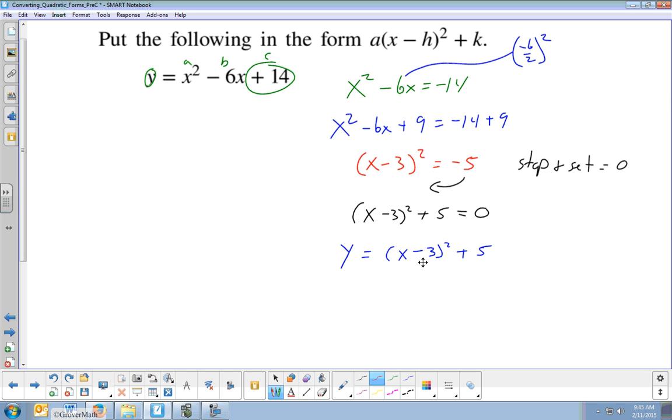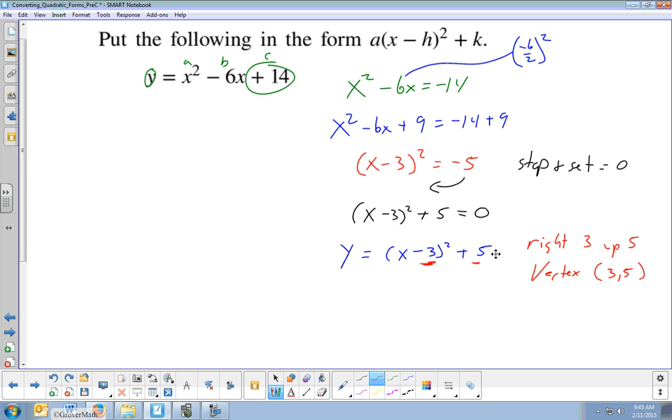And this transformation would translate to a minus 3 inside would mean right 3, and a plus 5 outside means up 5. And what this actually does is it tells us the location of the vertex of our quadratic. And so our quadratic's vertex is at the coordinate 3, 5, because from our standard x squared parabola, we move to the right 3 and up 5.